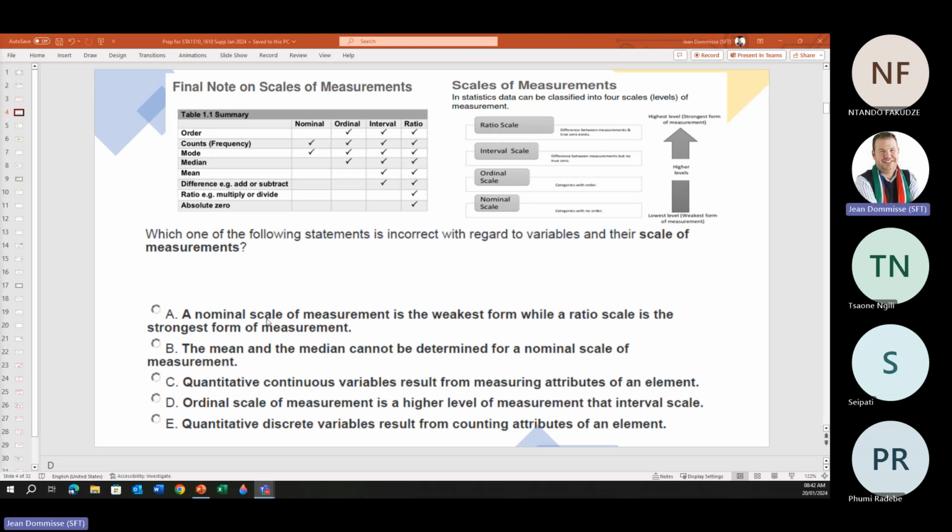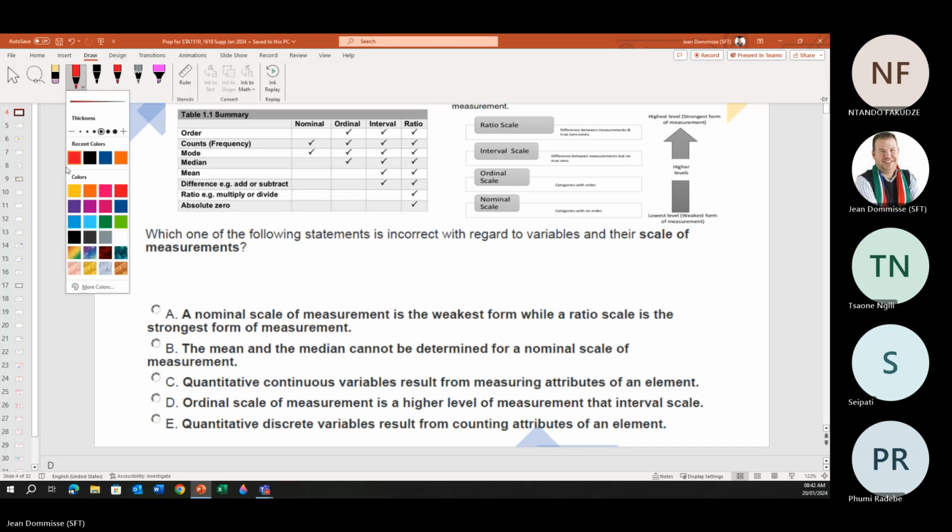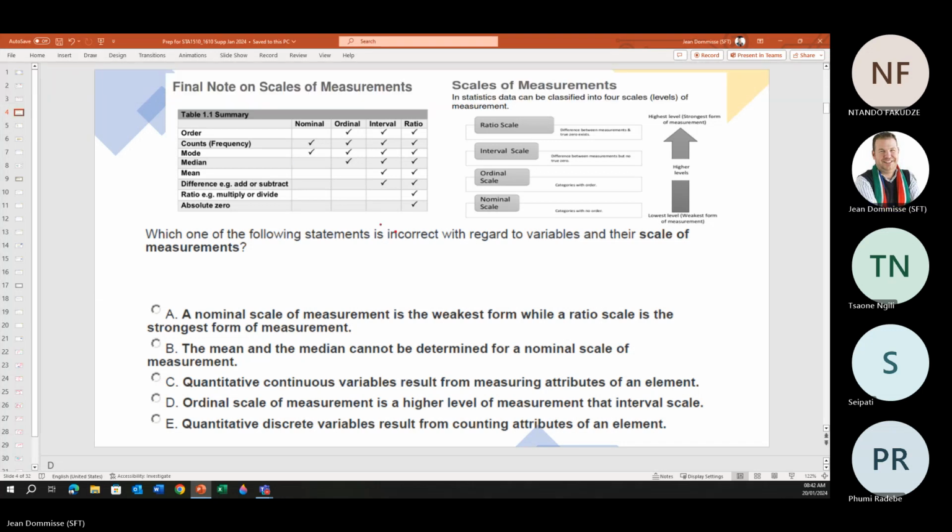Okay, so let's look at this question. Which one of the following statements is incorrect with regard to variables and their scale of measurement?